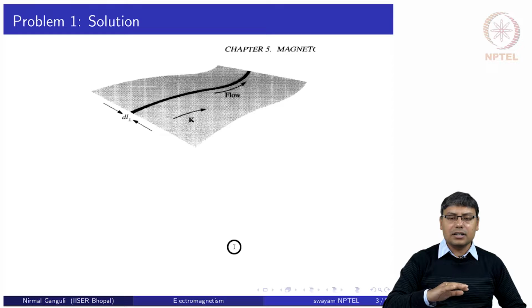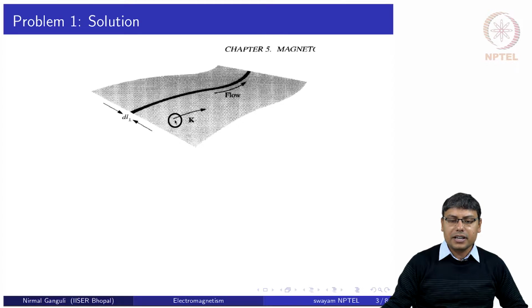So, this is a picture of the surface current. In case of surface current K flowing like this, dl perpendicular is the length along the perpendicular direction to the current. The current is flowing in this direction, and dl perpendicular is this much, the width of this black strip here.